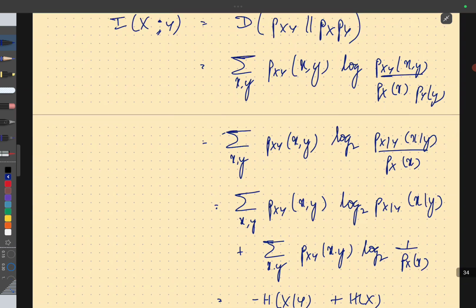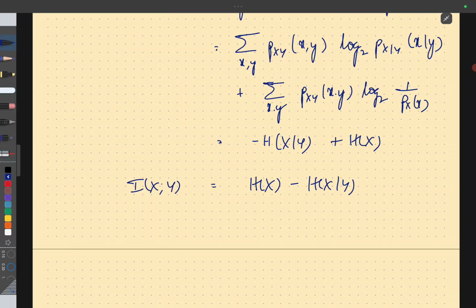And again, here in this particular step, I got rid of y, but if I got rid of x, I could show that this is also equal to H(y) minus H(y given x).